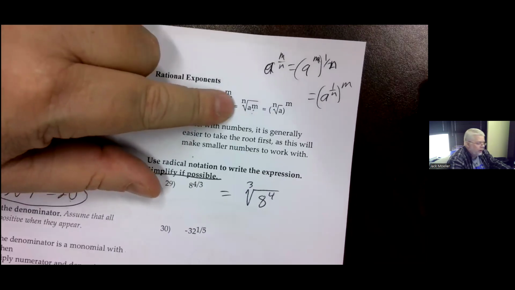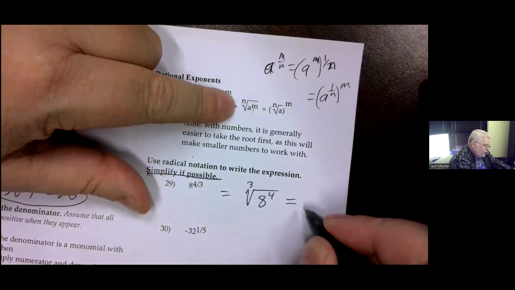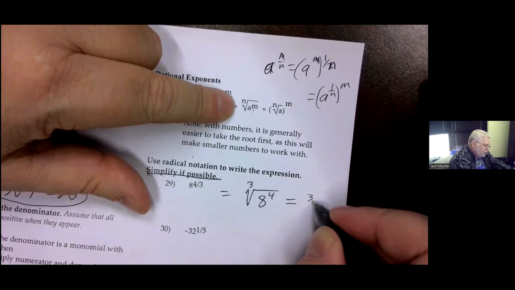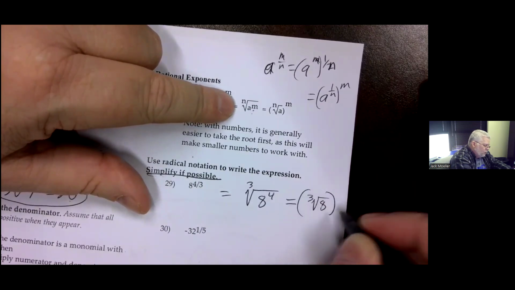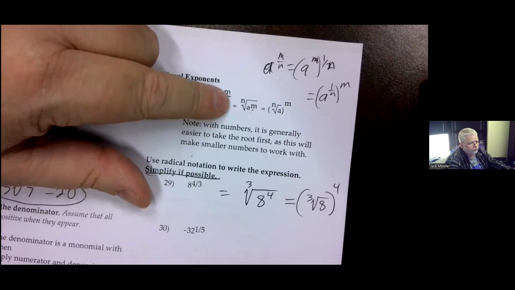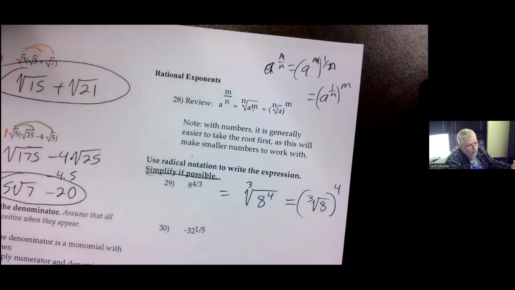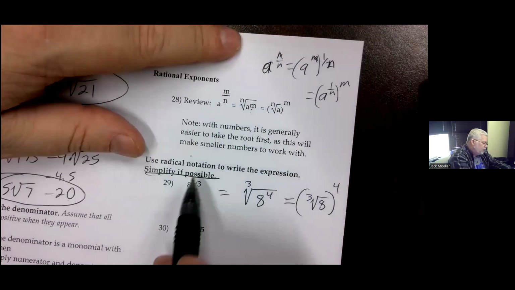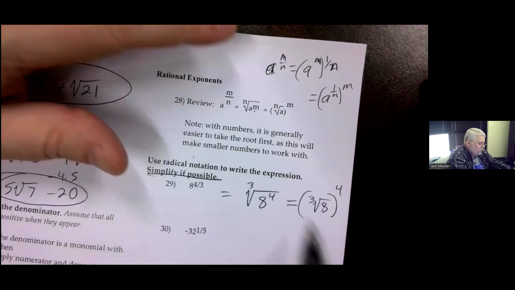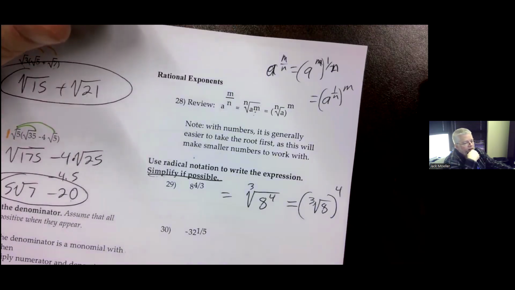So that's sort of what we're doing there. Or we could write this the other way around and do the cube root of 8 to the 4th power. So either of those should be acceptable to MyMathLab. And then again, they may want just the simplify part, but this is sort of an intermediate step. We need this to be able to simplify.